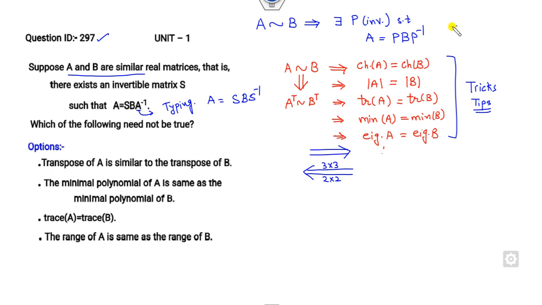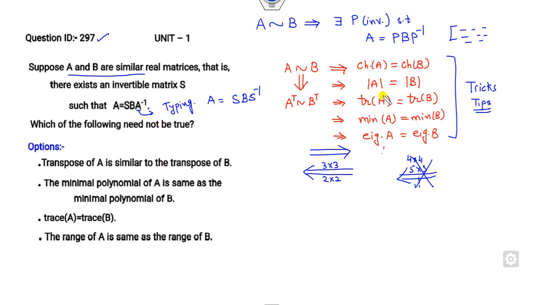It means if you have a 3 cross 3 matrix and it satisfies these conditions, then you can say they are similar. But if it is 4 cross 4 or 5 cross 5 or more, then this does not imply that A is similar to B. So make sure this is one of the important tips for you.